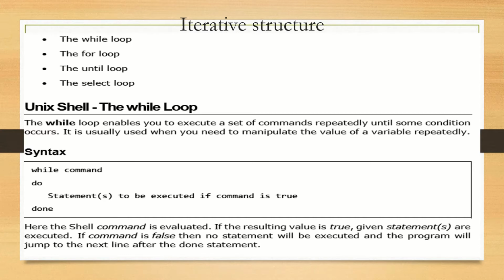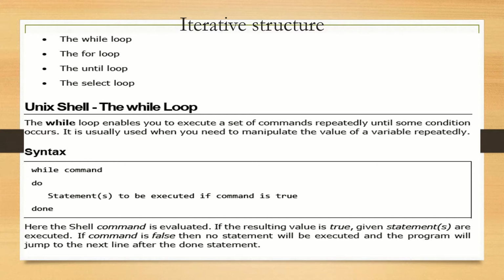Syntax of this looping structure: while, write the command or the expression, do some statements, which execute until the condition is met. If the condition is false, then you come out of the corresponding loop.